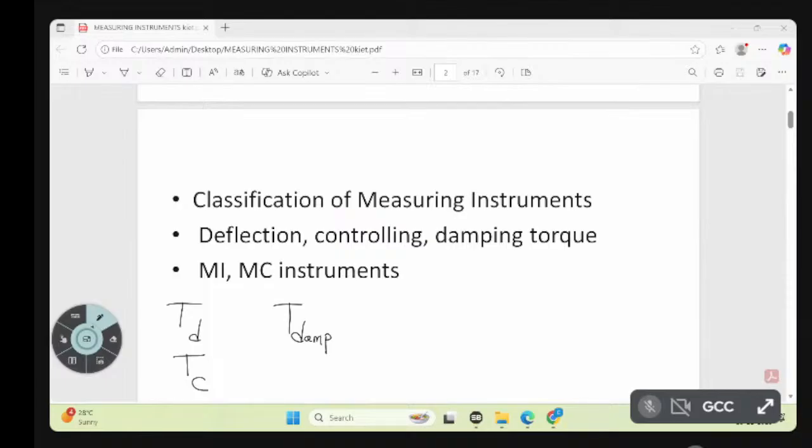One is called deflecting torque. Deflecting torque is the torque which is required to move the pointer from the initial position to the respective value. Generally, in any instrument, speedometer, voltmeter or ammeter, it is written as 10, 20, 30, 40 on the scale.